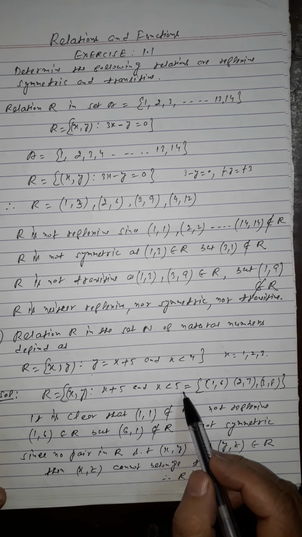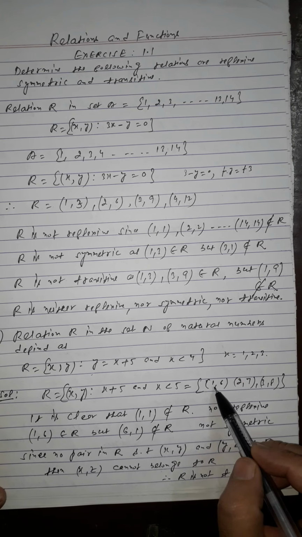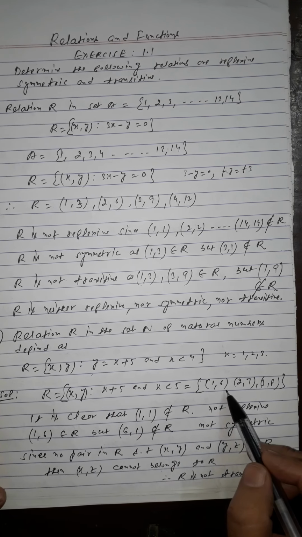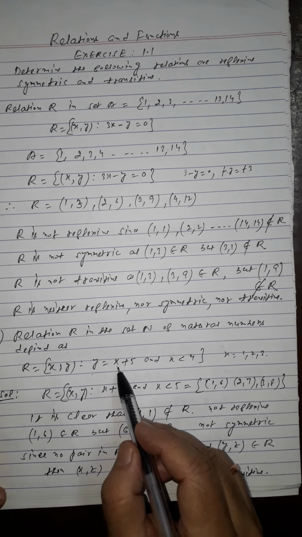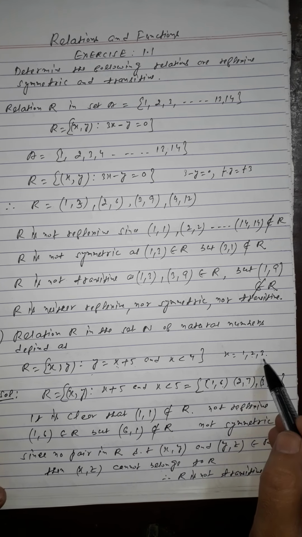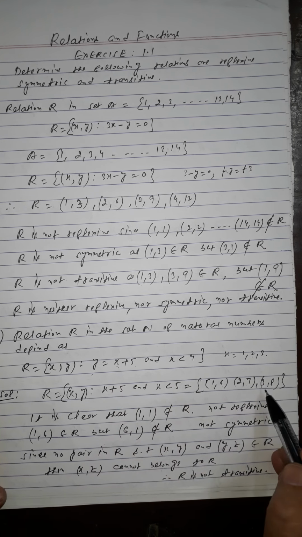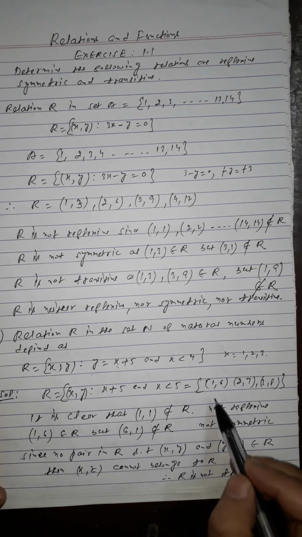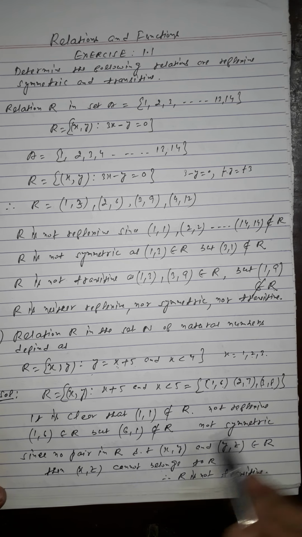So here, if I am taking x as 1, then 1 plus 5 will come as 6. When I take x as 2, 2 plus 5 is 7, then the value of y will be 7. If I take x as 3, then the value of y will be 8. Means (1, 6), then (2, 7) and (3, 8) we will get.